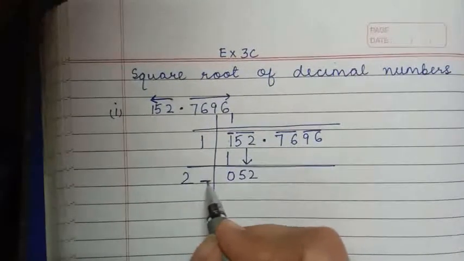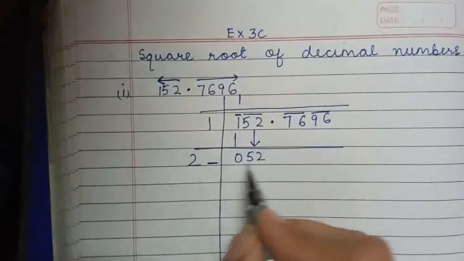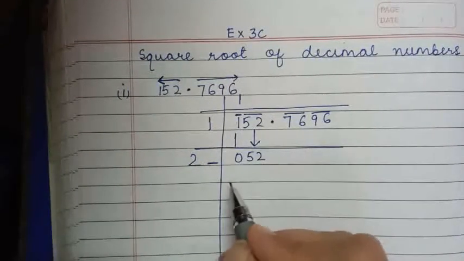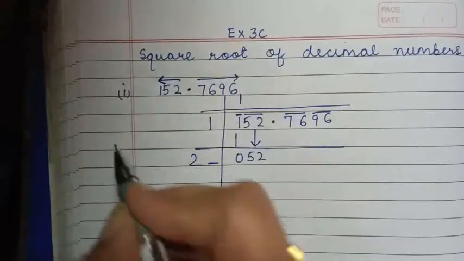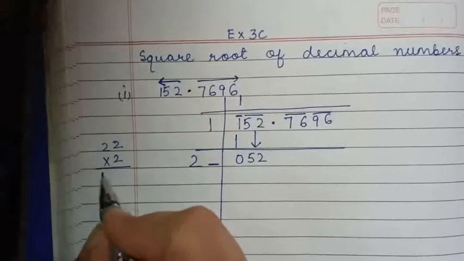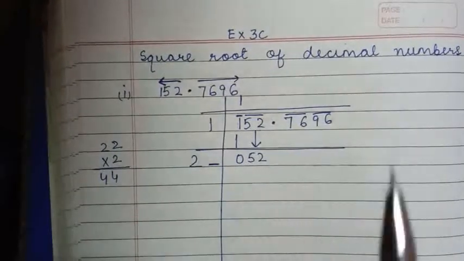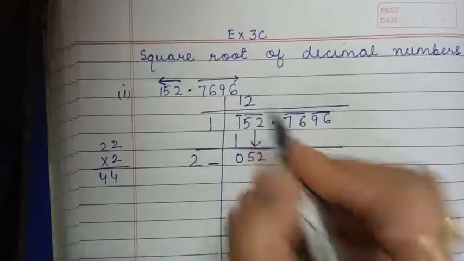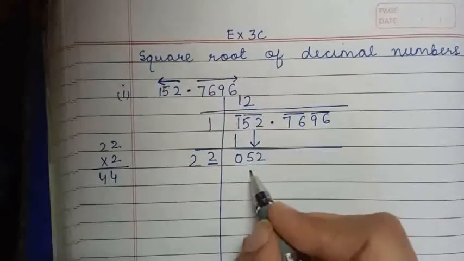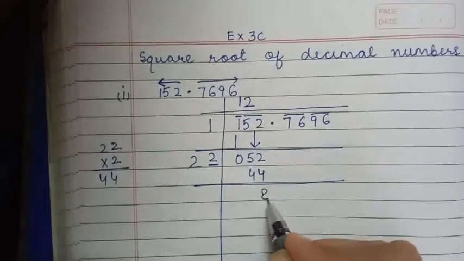Now what number should we keep after the 2 so that the product is either equal to 52 or less than it? So we keep 2, and multiplying 2 by 2 in rough, I get 44, which is less than 52. So it will be 2 here, 2 here and 44 here. Subtract: 12 minus 4 is 8.